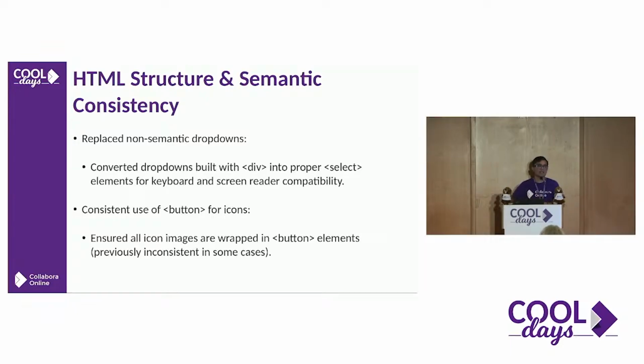In many places we were using the div element instead of the select element for drop-downs, but that is more difficult for screen readers to guess what should be read out loud from those elements.